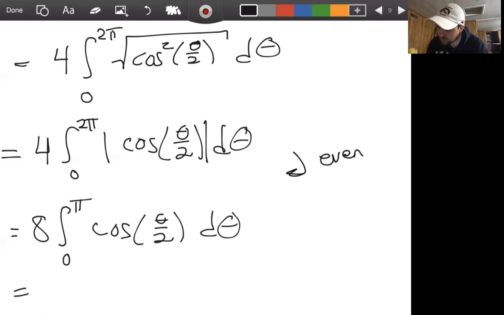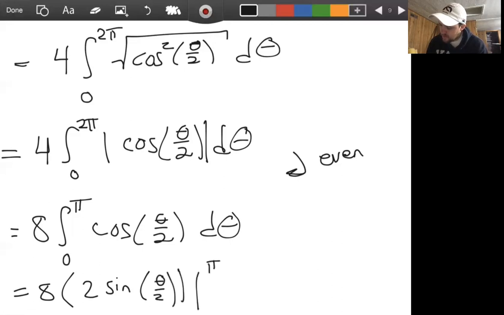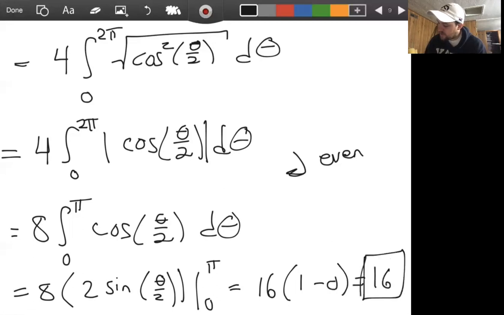And now the integral is much simpler to handle. We have 8 times, once we actually integrate here, it's going to be 2 sine theta over 2 from pi to 0, which is 16 times sine of pi over 2 is 1, sine of 0 is 0, and we get that the arc length of the cardioid is 16.